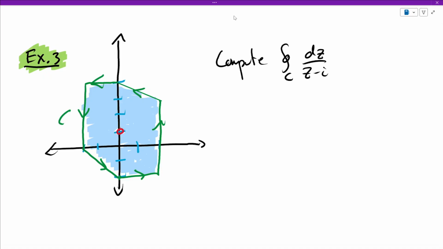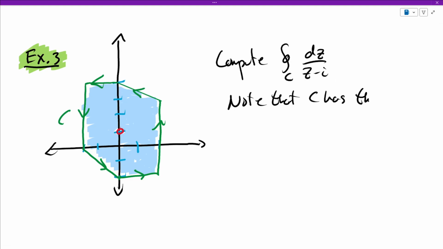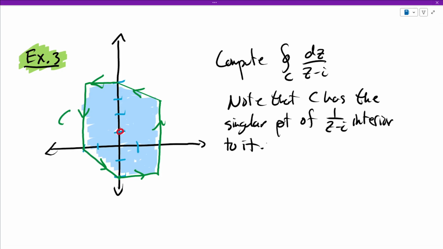Let's note that C has the singular point of our function, so the bad point, interior to it. So we can't apply the Cauchy-Goursat theorem.